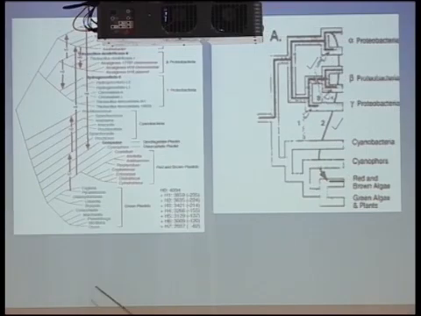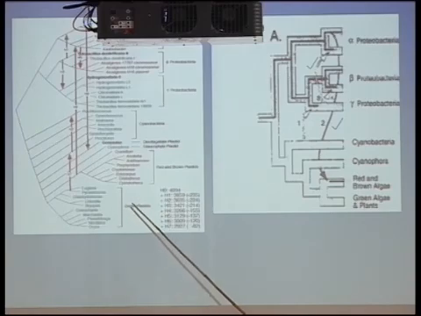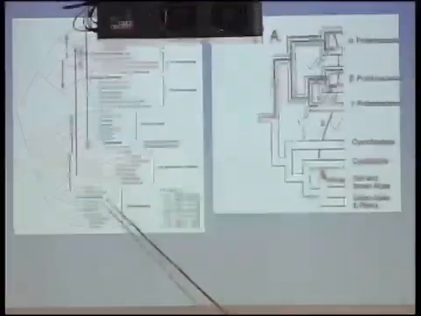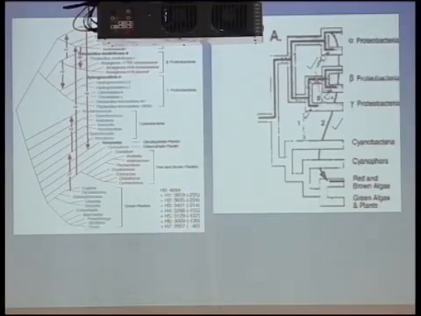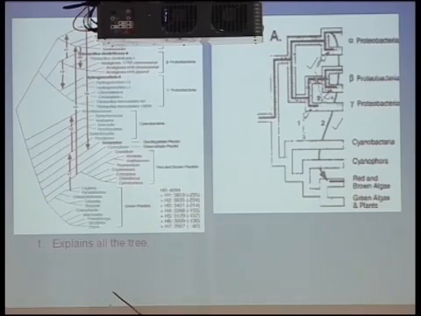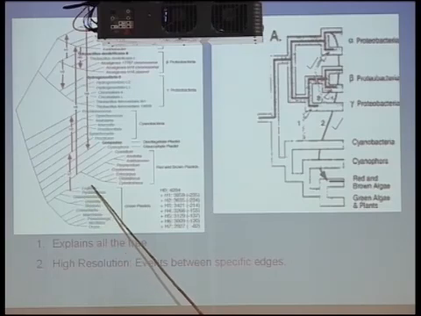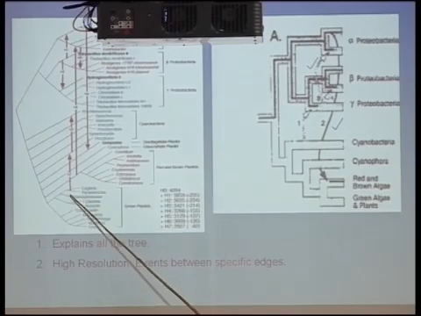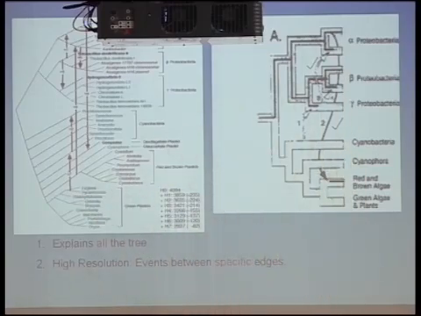Our explanation is as follows: we ran the big problem, okay? We added edges in the procedure I spoke to you about, and these are the edges. So here we explain the whole tree, and we got exactly the 7 events that they hypothesized. The resolution is high, between single branches and not between groups, okay? And it's automatic.